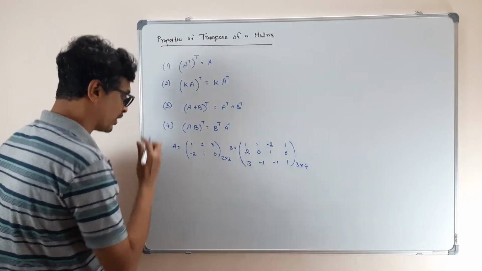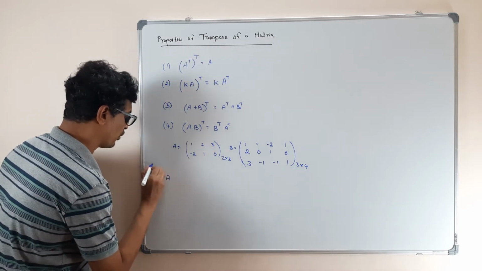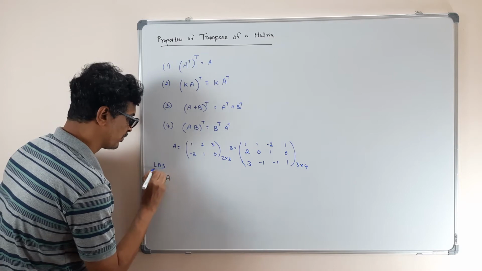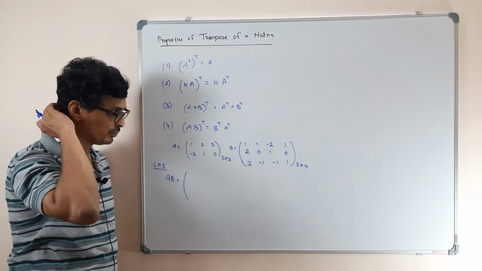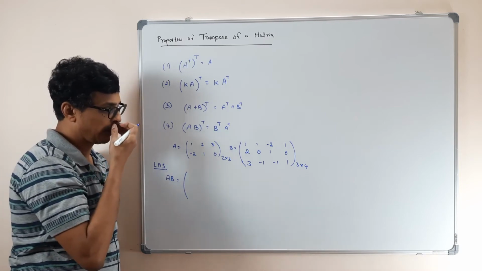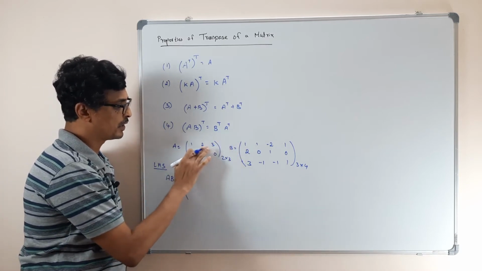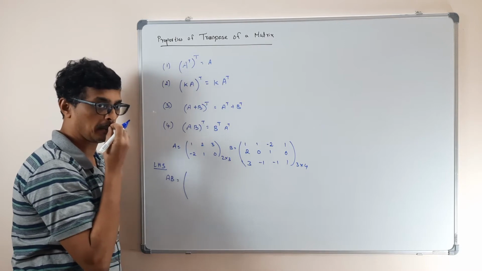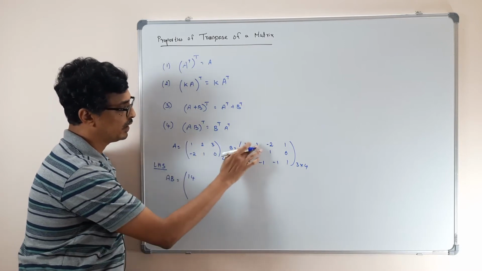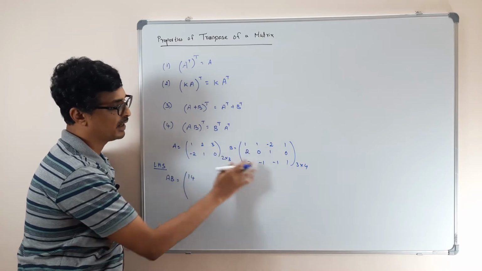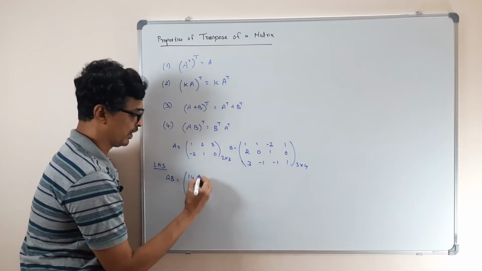So let us take what is AB. Tell me what is AB. So we are going to find the LHS. AB is what? Tell me. 1 plus 4 plus 9, 14. Good. The next one: 1 plus 0 minus 3, minus 2.